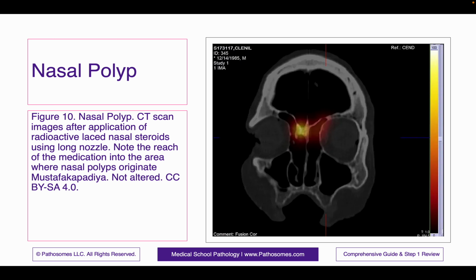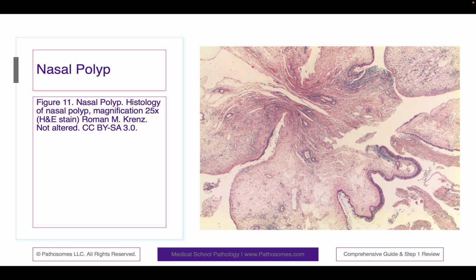Here we have imaging from a patient utilizing a CT scan that shows a nasal polyp. And here we have an H&E representative section of a nasal polyp. Note the polypoid fibrous stroma, and you can even see some of the respiratory epithelium outlined near the bottom right.